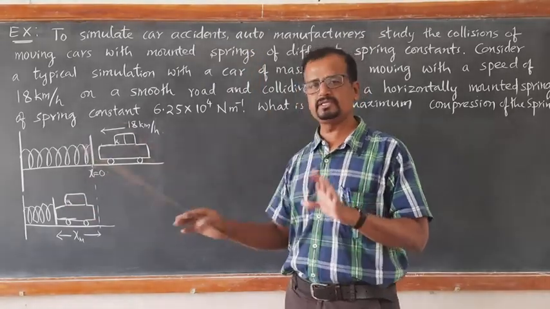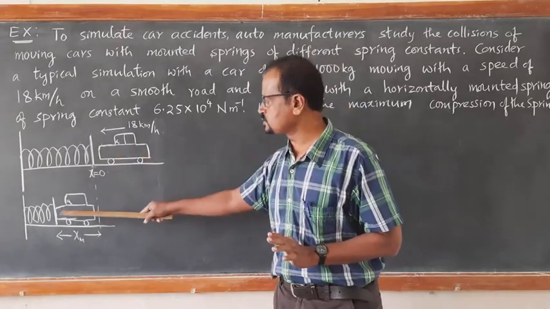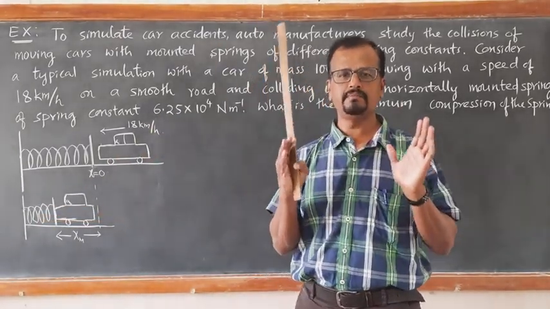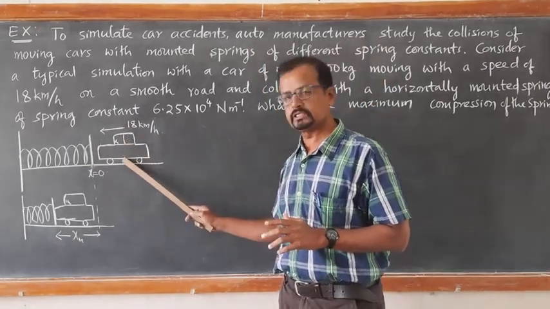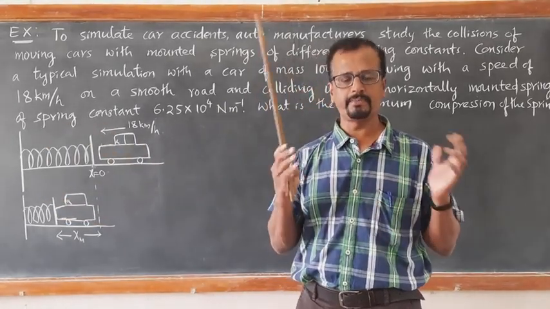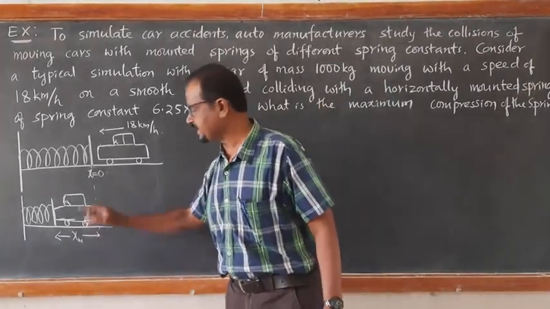Initially, the spring is having zero energy. After collision, when the car comes to halt, the spring will be having maximum potential energy. So there is conversion of kinetic energy into spring potential energy due to compression. With this knowledge we will calculate the value of x.